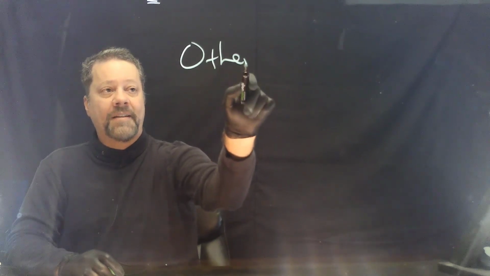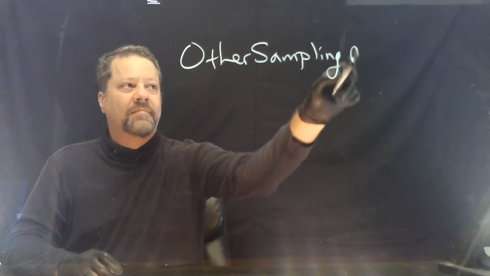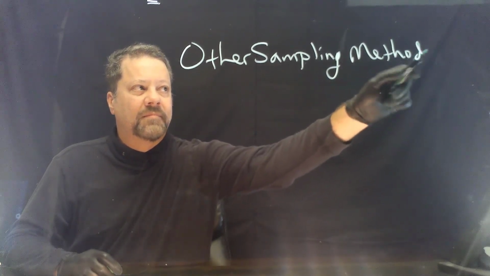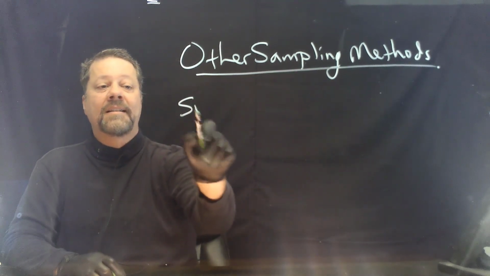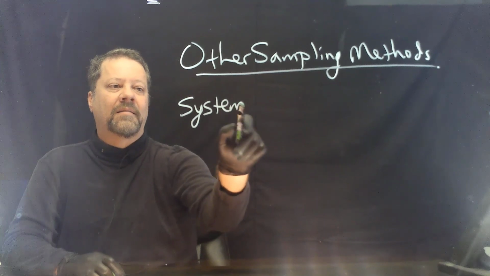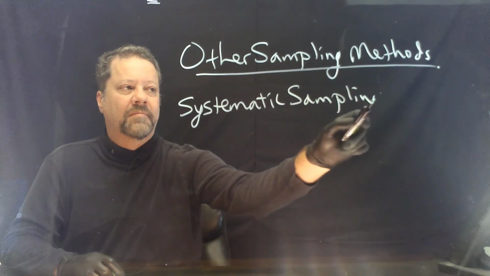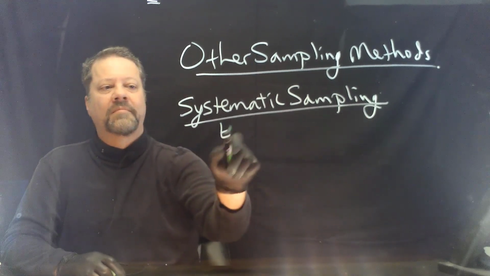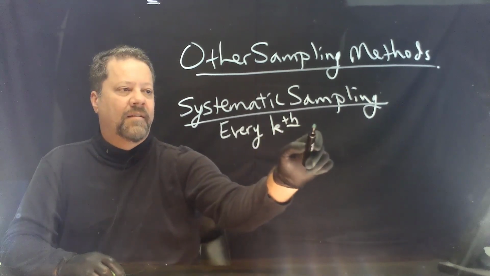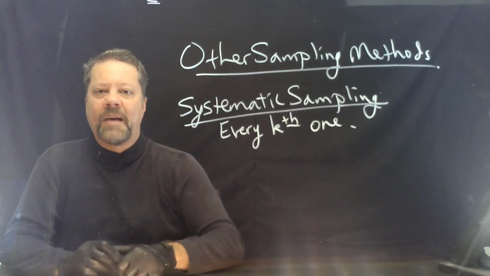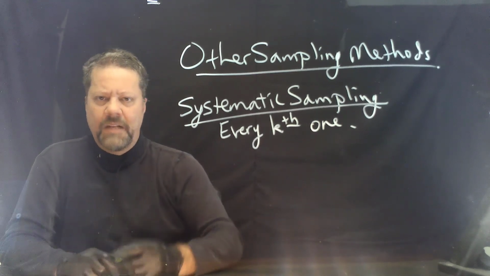Other sampling methods: there is systematic sampling. An example might be, suppose you have a machine and it's a really bad machine.